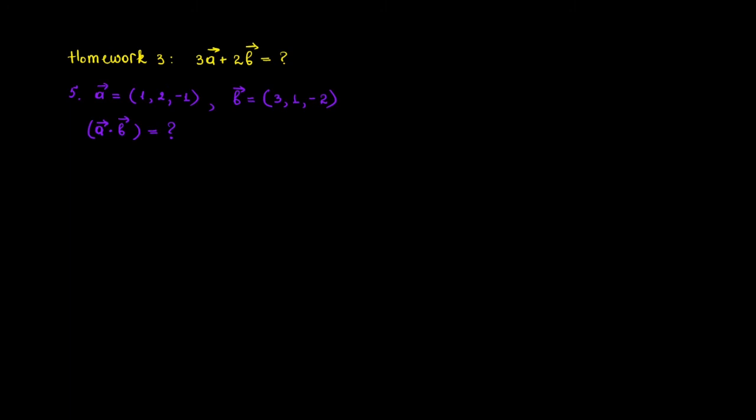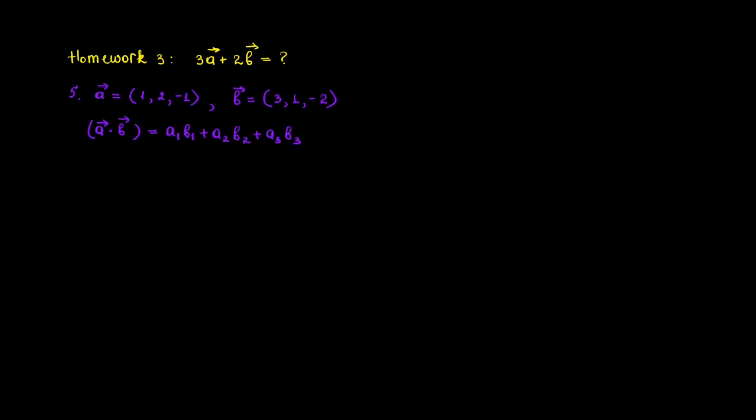Okay, so to find scalar product, we have to multiply the corresponding components and we have to add them, right? So the formula is as following. It is a1 b1 plus a2 b2 plus a3 b3, right? a1 is equal to 1, a2 is equal to 2, a3 is equal to minus 1.